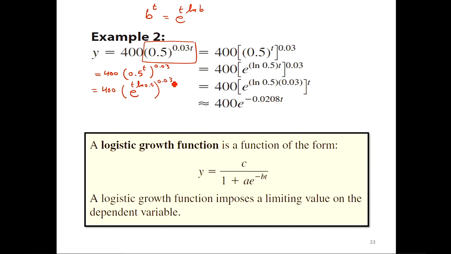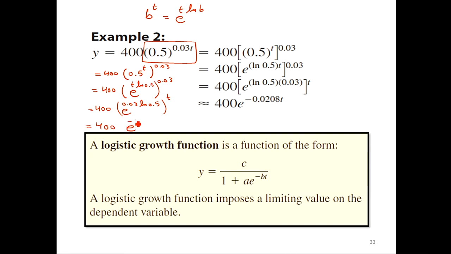Now swap between t and 0.03, so we have 400 e to the power 0.03 ln 0.5, all to the power t. Now we can multiply 0.03 by ln 0.5 and calculate the value by calculator.